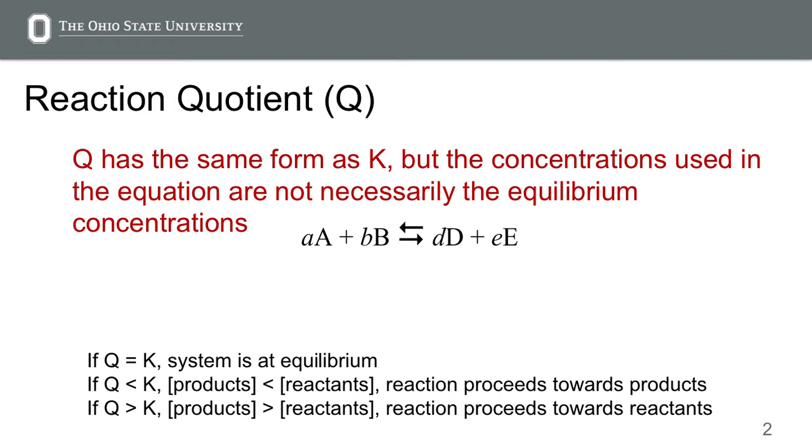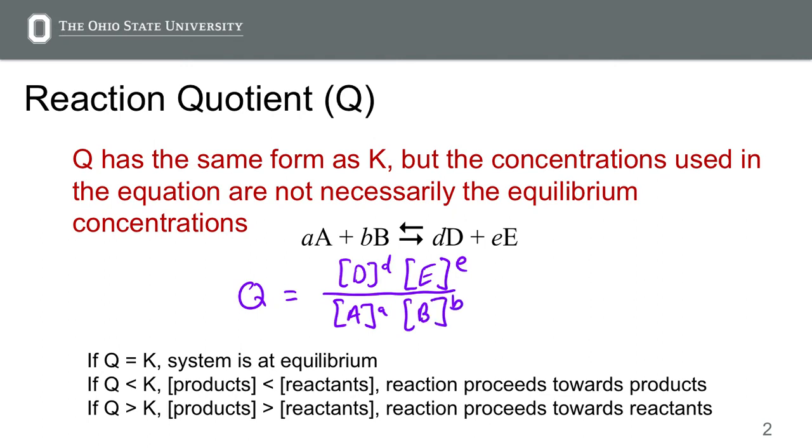If we write out Q for our general reaction A plus B in equilibrium with D plus E, we get Q is equal to the concentration of D raised to its coefficient times the concentration of E raised to its coefficient, divided by the concentration of A raised to its coefficient times the concentration of B raised to its coefficient.